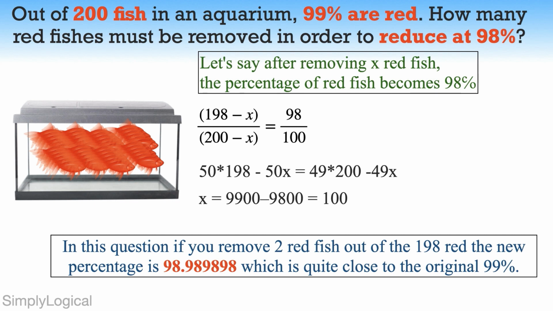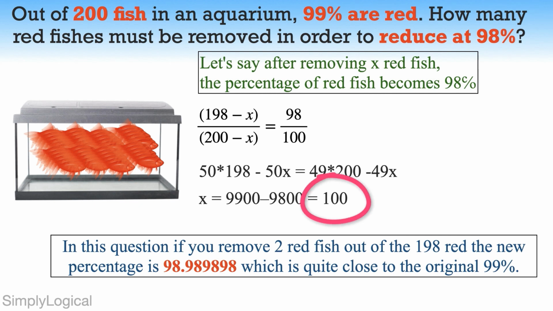Here the fraction value decreases approximately by 0.005% when we decrease the number of red fish by 1. This rate of change can be calculated by differentiating the above equation, and this is another way to solve this question.